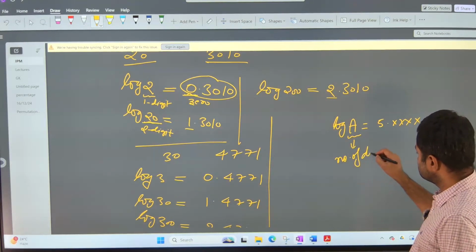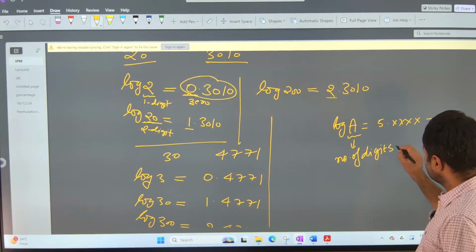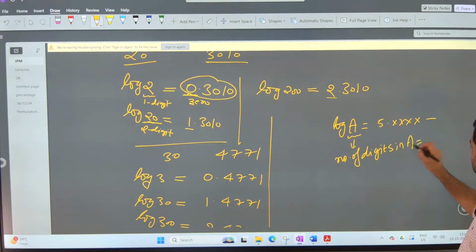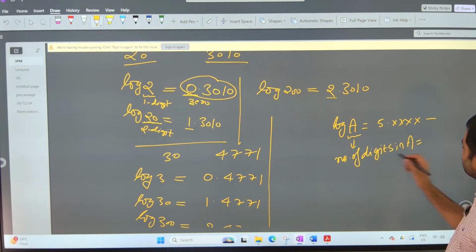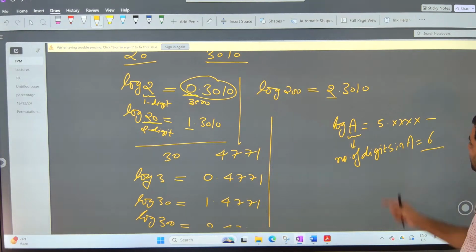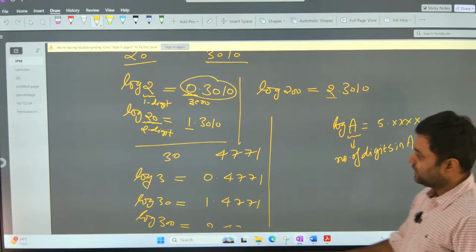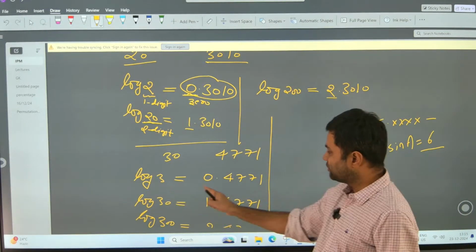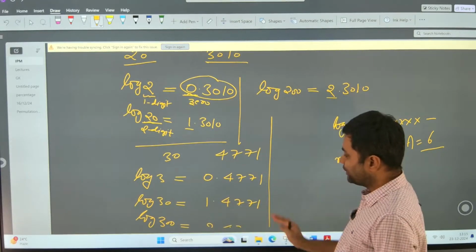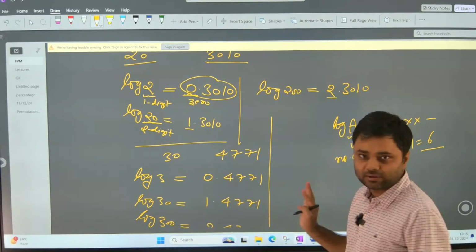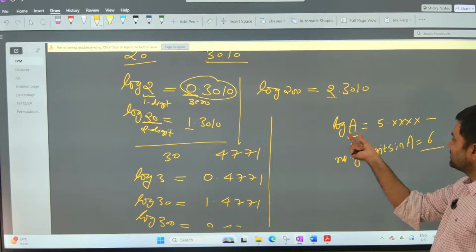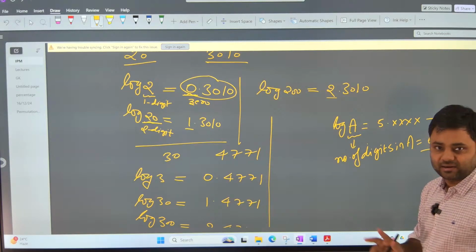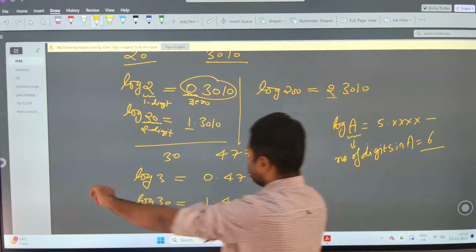Because we have a 5 in the log value, the actual number will have 6 digits. Here we had a single digit number, so it was 0 point something, 2 digit number, 1 point something, 3 digit number, 2 point something. So if it is a 6 digit number, 5 point something. So that is the rule, right?